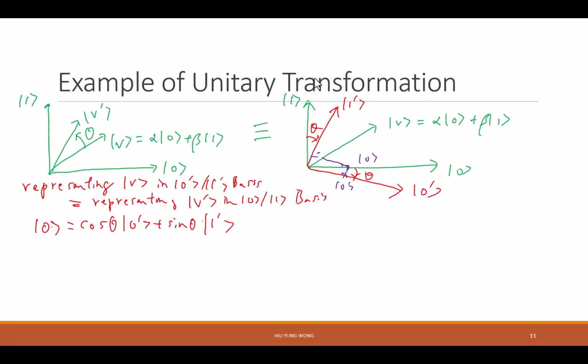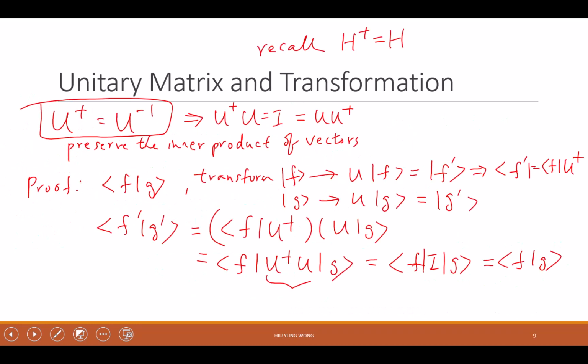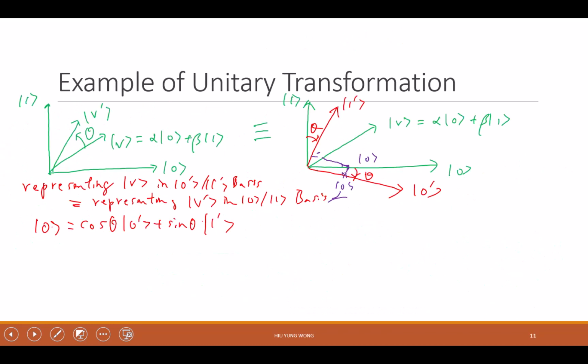Okay, let's continue. Now, let me show you again why we have this. What we're saying is that for a unit vector 0, it is just equal to 0 dash cosine theta plus 1 dash sine theta.